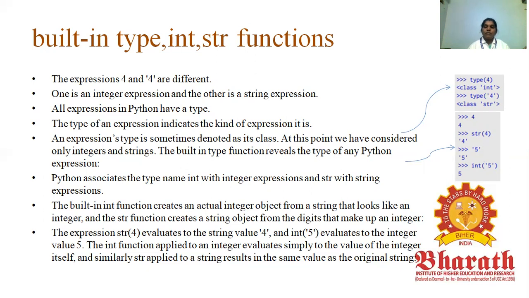String is str with parentheses. When you see open and close parentheses, it is automatically a function. The string function converts the given integer expression into a string. Clear? Integer into string. Instead of giving only the integer, we see the value displayed within single quotes.